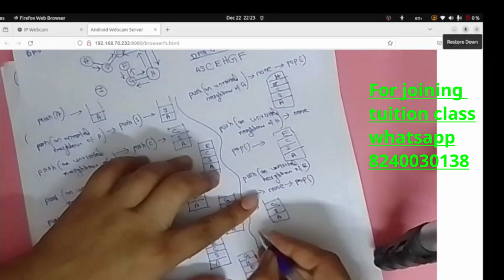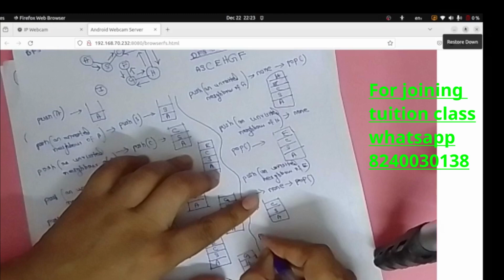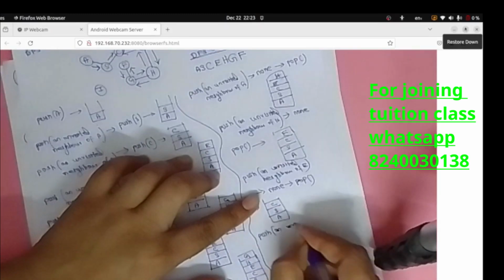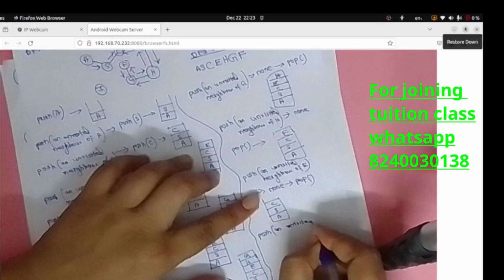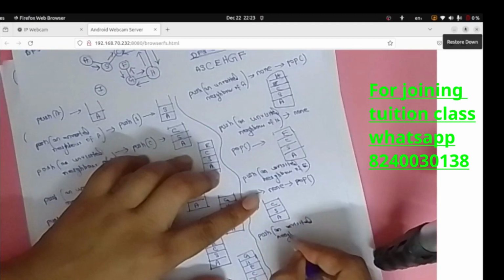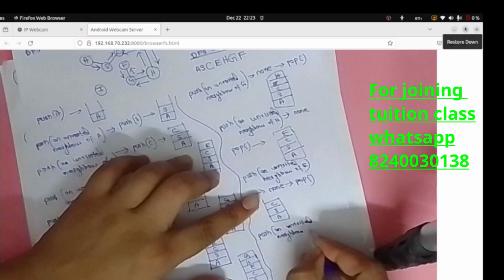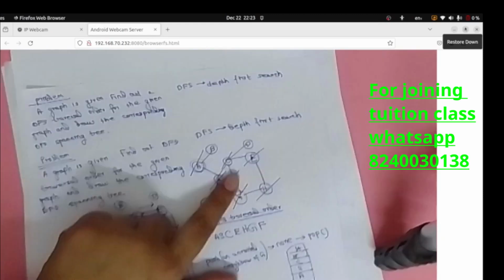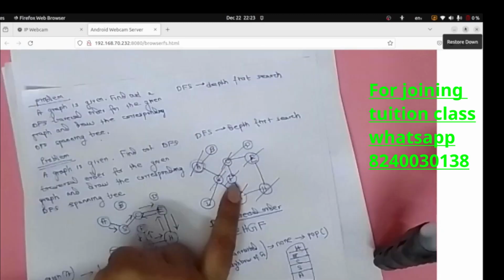So the next operation is push an unvisited neighbor of C. So if we see the graph here, is there any unvisited neighbor of C?